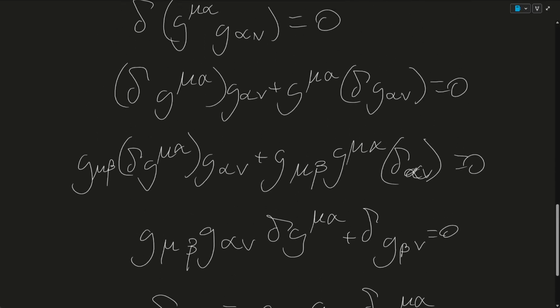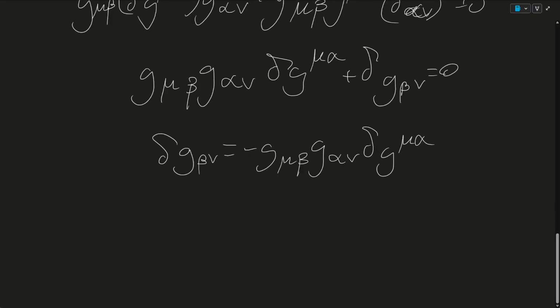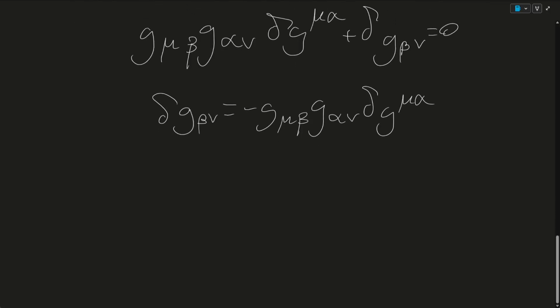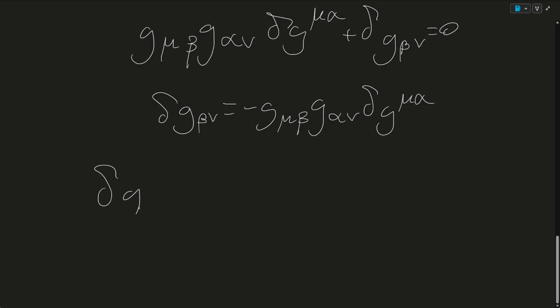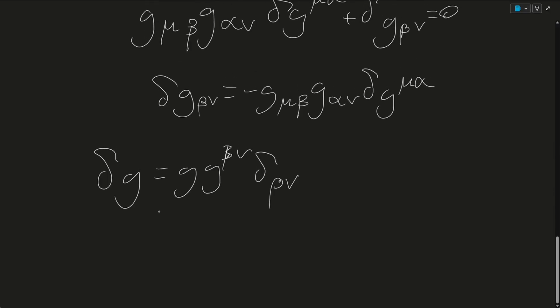And now we can put this all back into Jacobi's formula. I'll learn all the names' pronunciation one day. Anyway, from there we can say that delta g is equal to g to the beta nu delta sub beta nu, from our above stuff.